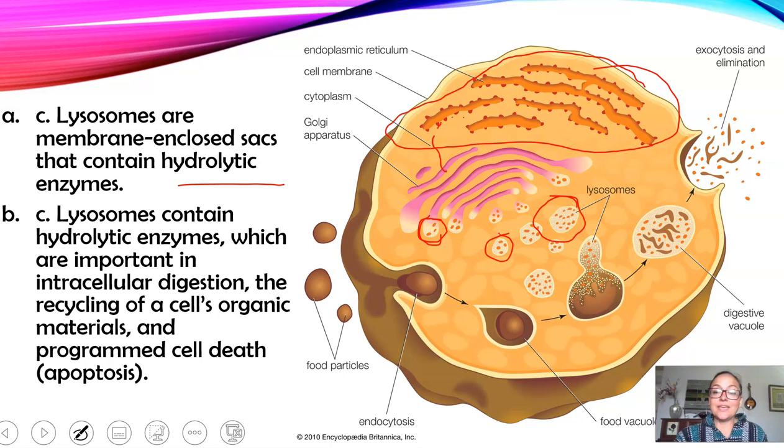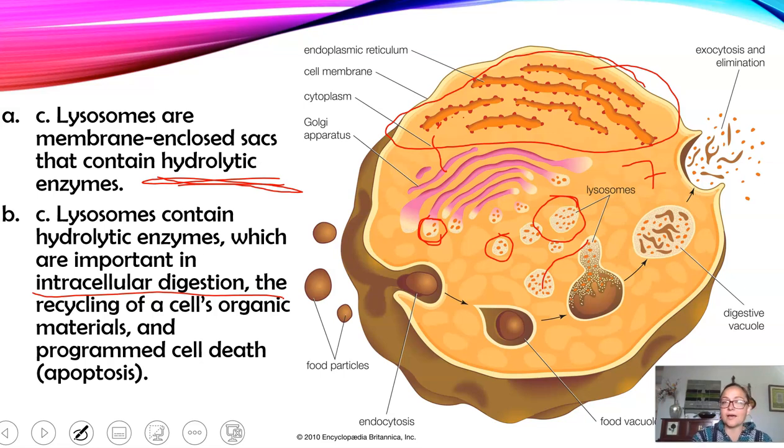This is significant because out in the cytoplasm, the pH is 7. So if any of those hydrolytic enzymes were to leak out of that lysosome, your other organelles would still be safe. You need to remember, lysosomes are hydrolytic, and they will help to break down materials within them. So lysosomes are important in intracellular digestion.